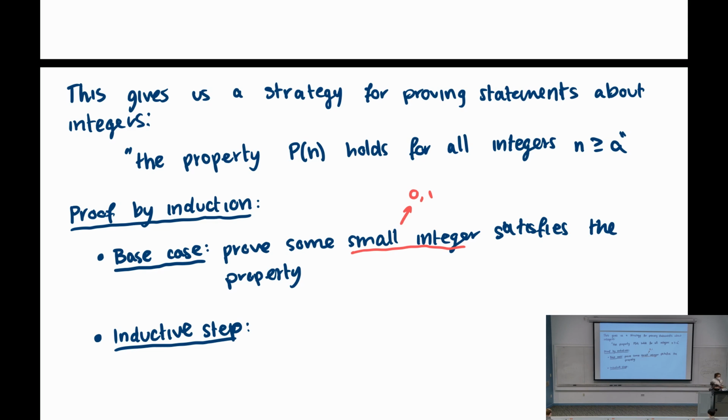So what do you do? You let n be an integer greater than or equal to your base case. So let's let it be an integer larger than the base case.